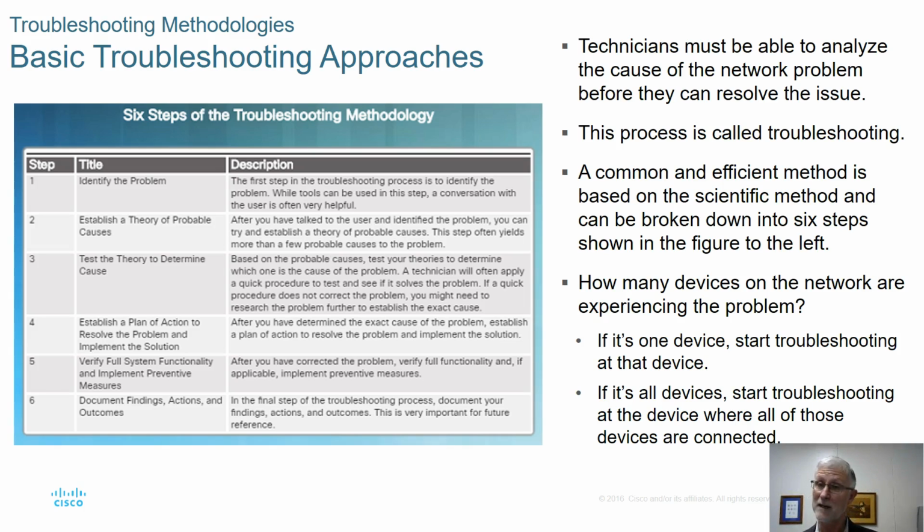Of course, I want to test that theory. Once I've tested my theory, maybe that theory's proven true. Now the question is, what am I going to do to fix the problem? Because I had a theory doesn't necessarily mean I had a solution. Once I've determined that solution, I will implement it, verify, and document my findings.